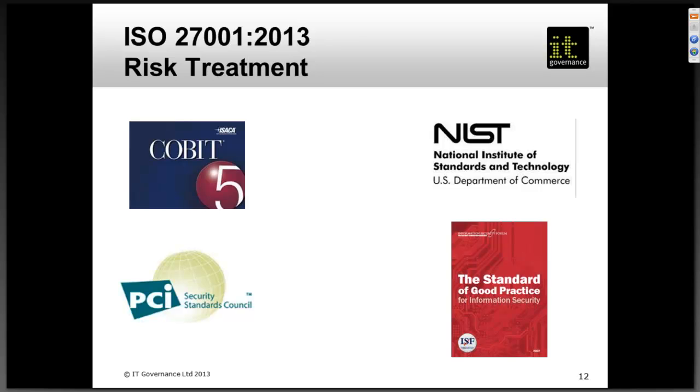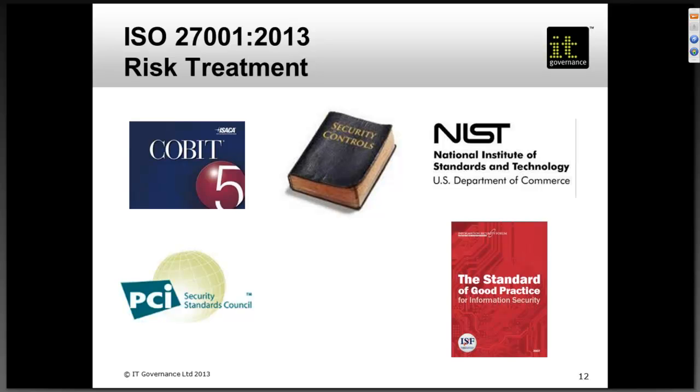You can select them from COBIT 5 if you wish, or any other framework, or indeed you could start creating your own Bible of good practice security controls. The standard says you can select these from any and everywhere to serve your organisation and the purpose of your organisation and your objectives. A degree of maturity, I feel, that could benefit a lot of organisations.